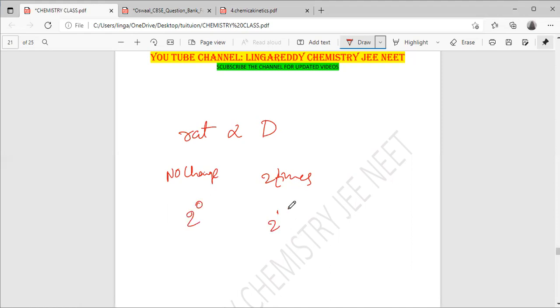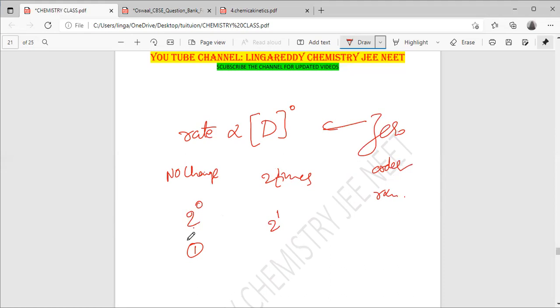I was increasing 2 to the power of 1 time, but no change means same concentration, so I can write 2 to the power of 0. 2 to the power of 0 is nothing but 1. So the representation will be like this: rate is directly proportional to d to the power of 0. This comes under zero order reaction.